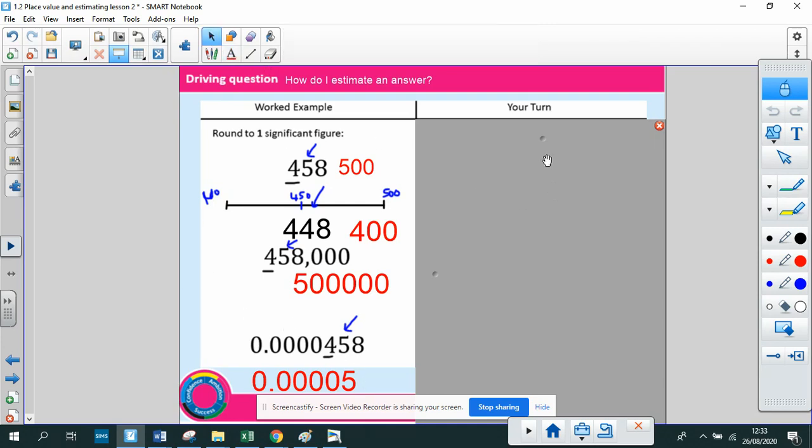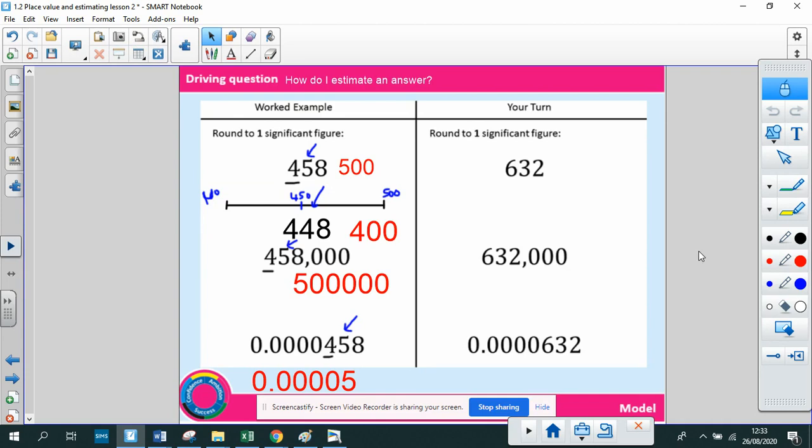Okay, you guys try this one. Pause the video while you're trying and then press play and we'll go through the answers. Okay, the most significant figure here is the 6, so rounded to one significant figure. The decider is a 3. So this time it's 4 or below, so this number stays the same.